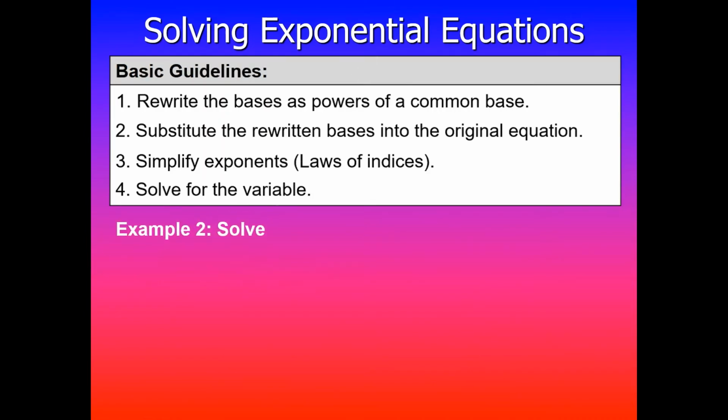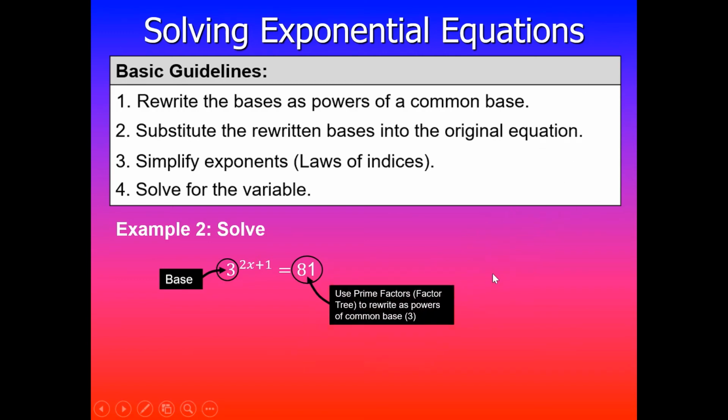Example 2, it says solve 3 to the power of 2x plus 1 is equal to 81. So what we can see is here we've got base of 3. So we need to change 81 and rewrite as the common base 3 in this case. So we can do that by using the factor tree. 81 can be written as 9 times 9, so that's easy.